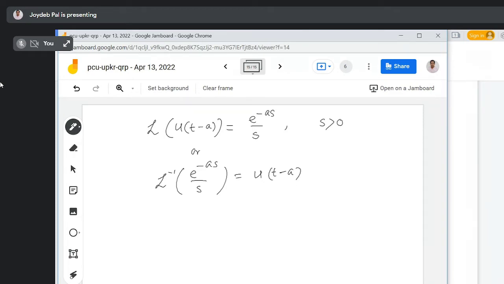But nowhere was an e to the power minus as type of function included. Have you found any F(s) previously, in 6.1 or 6.2, which includes e to the power minus as type of term? वहां पे F(s) e to the power minus as type of term को contain नहीं करता था, right? Are you getting what I meant to say, or not getting anything?